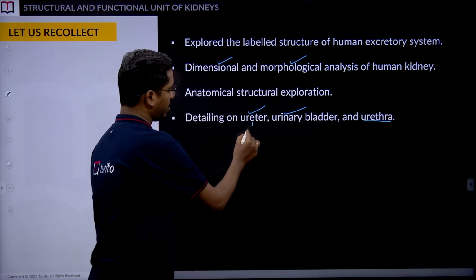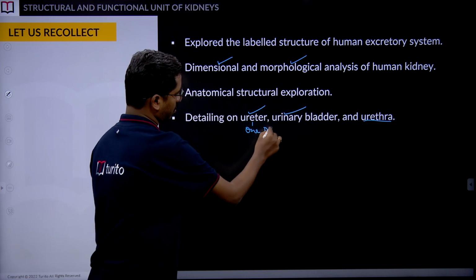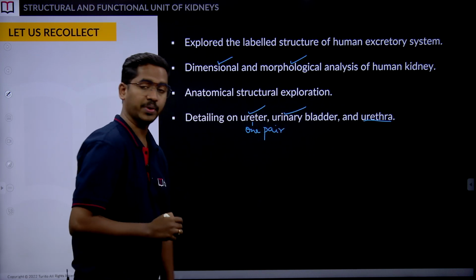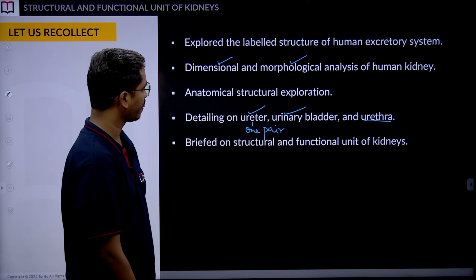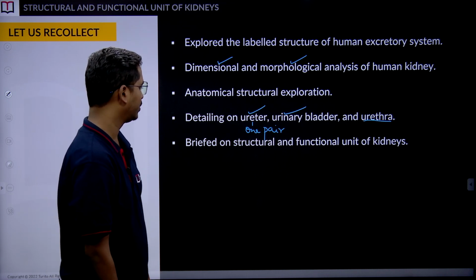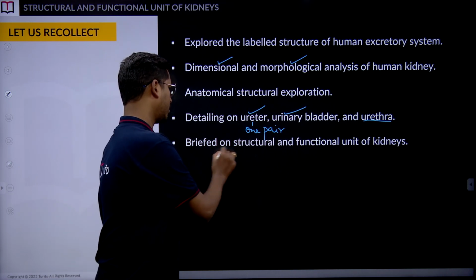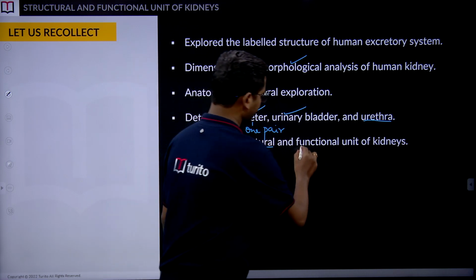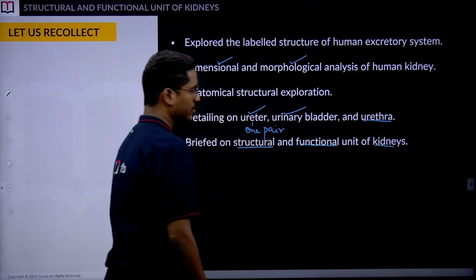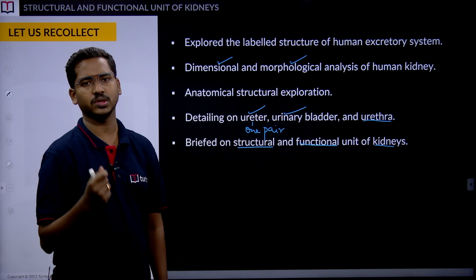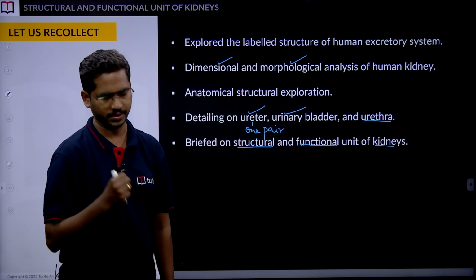After that we had a briefing on the structural and functional unit of the kidney, where I showed you how the structural and functional unit of the kidney would look like.